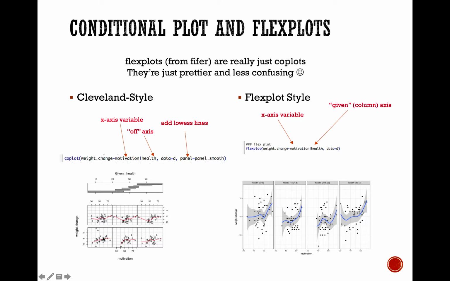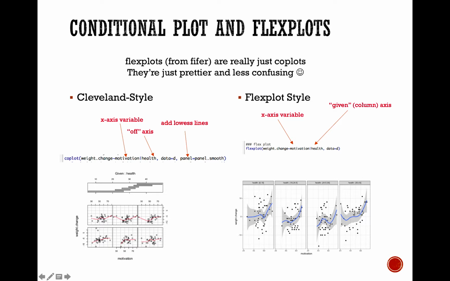So this is the relationship between weight change and motivation for those whose health is below 27, basically. And then the next plot shows those who are 21 or 22 up to 30. You'll notice there's some overlap here, and that's intentional in Cleveland's plot.